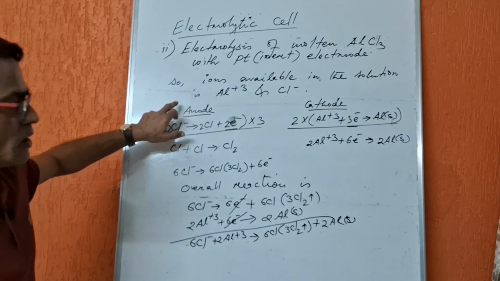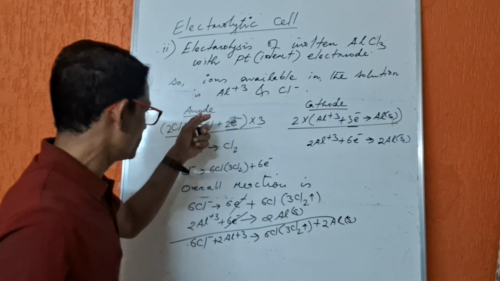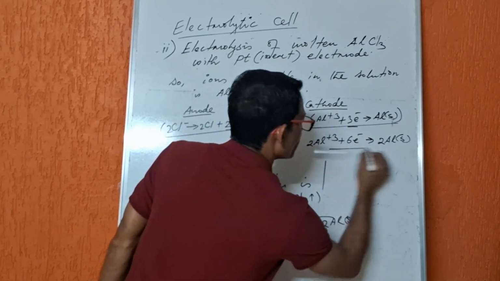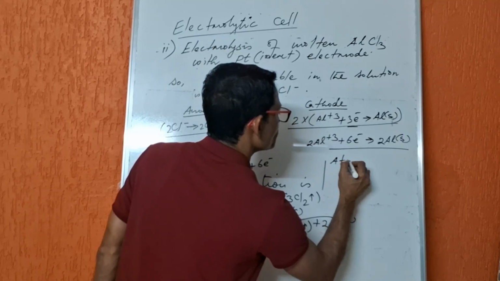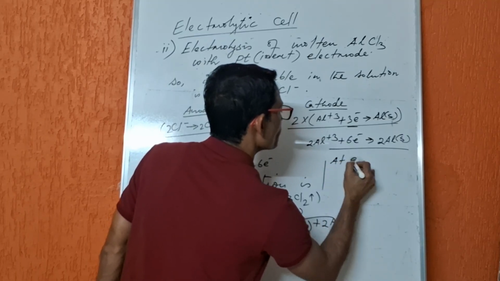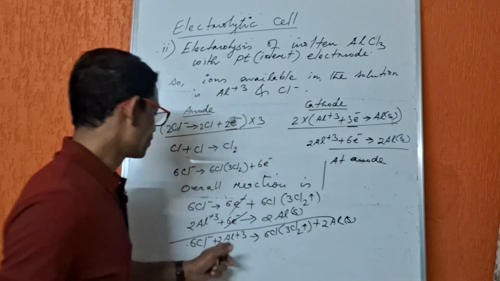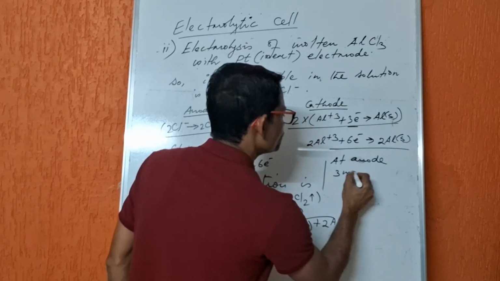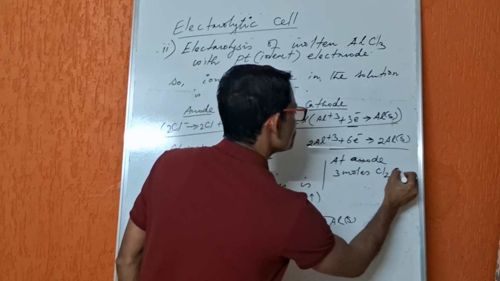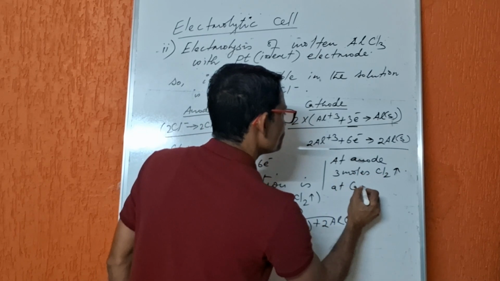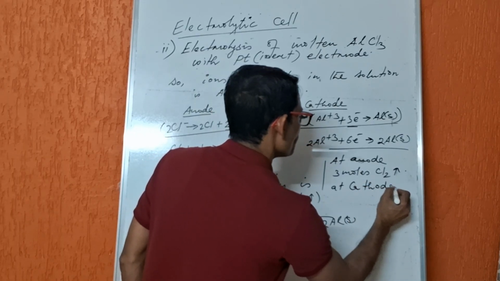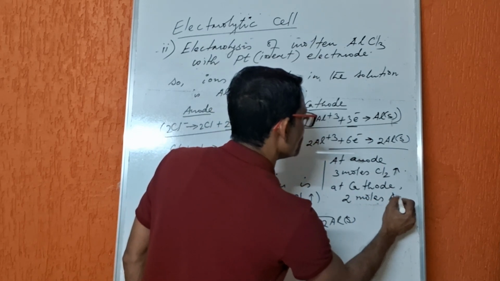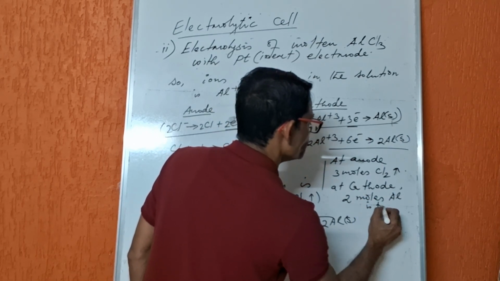Therefore, at the end of the reaction, at the anode there is 3 moles of Cl2, and at the cathode 2 moles of aluminium is produced.